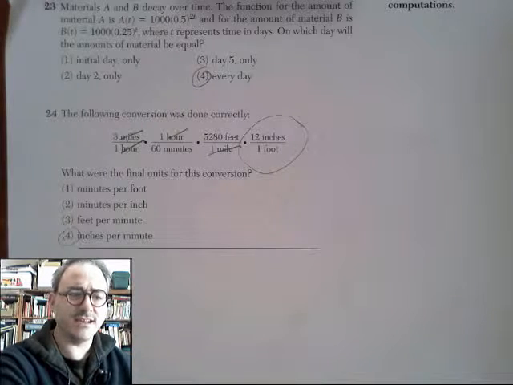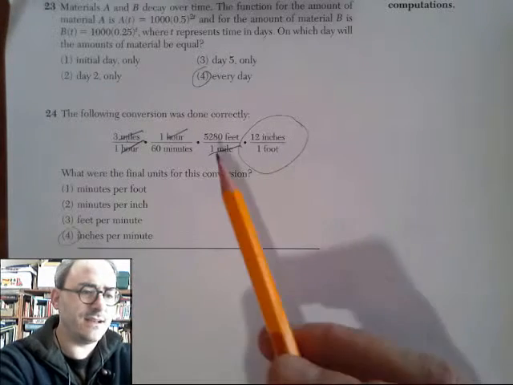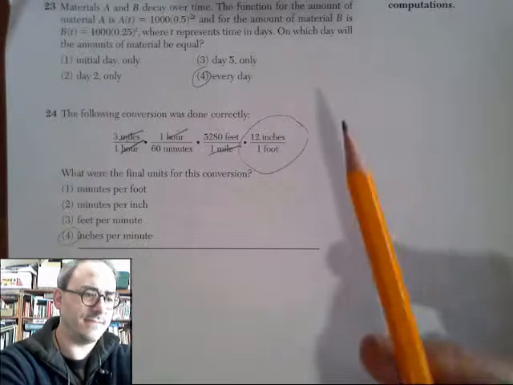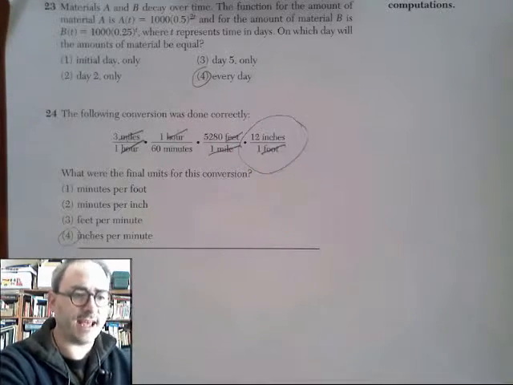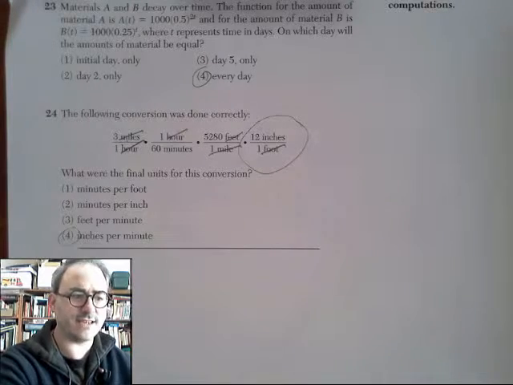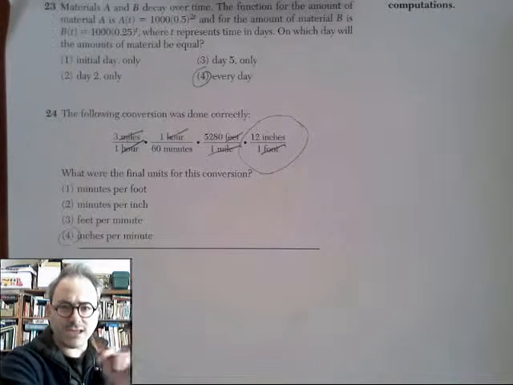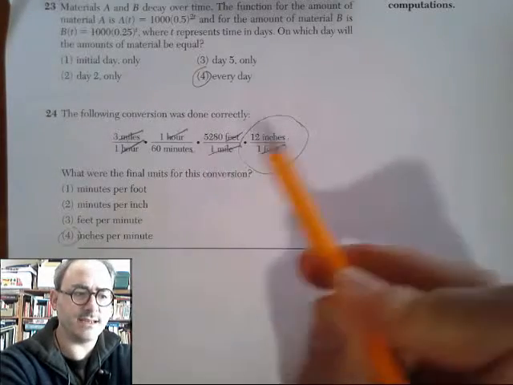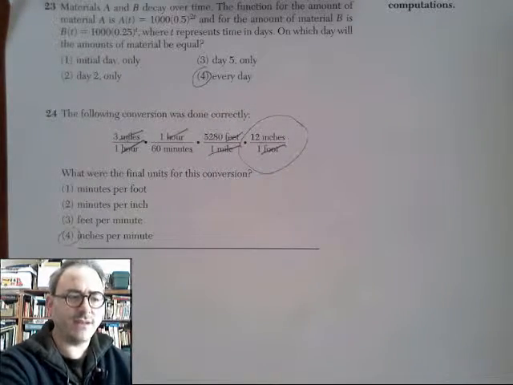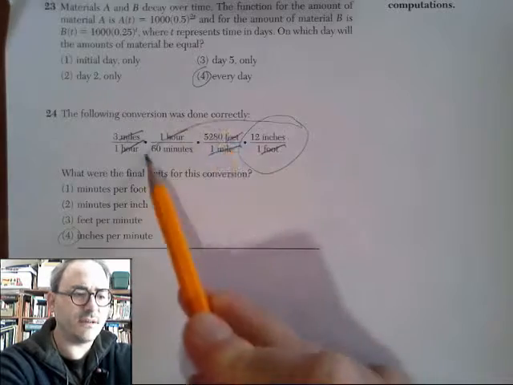So I'm canceling my hour units. The 1 over 1 stays. Let's see. Feet and foot cancel. So I'm canceling my units. So what's left over? I've got inches per minute. That's the final unit, inches per minute.